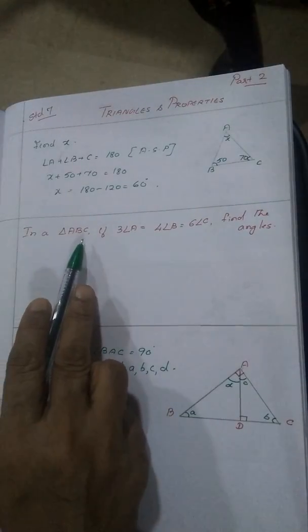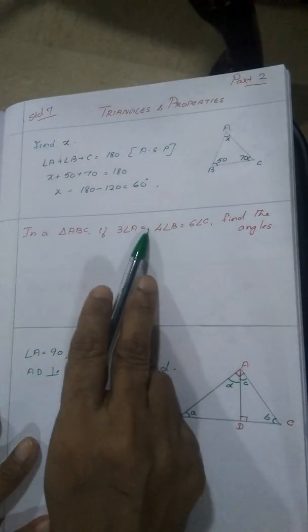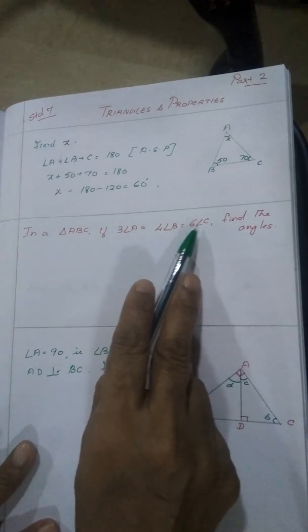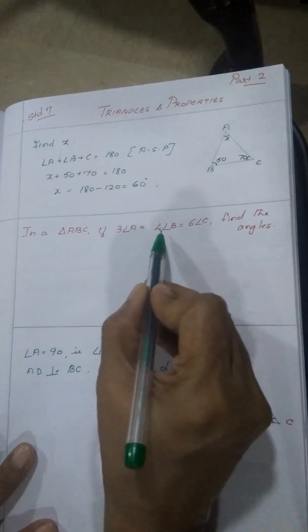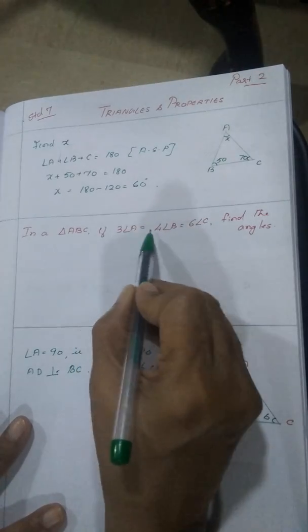In a triangle ABC, if thrice angle A is equal to 4 angle B is equal to 6 angle C, find the angles. It's actually the ratios that are given.